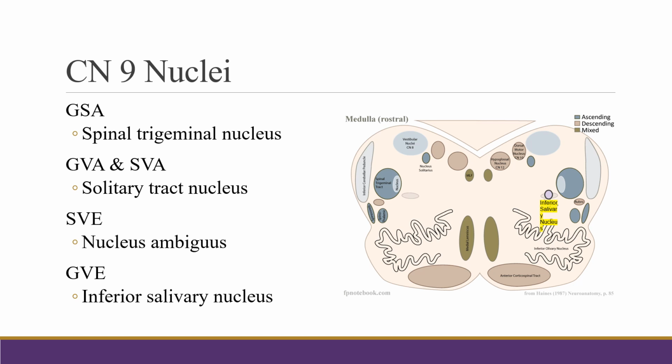GVE, inferior salivatory nucleus. So superior was 7, inferior is 9. S for S, superior 7, and then inferior salivatory nucleus. It makes sense that 9 would have to do with saliva as well because it's bitter. And then I highlighted it in yellow over there on the picture for you.